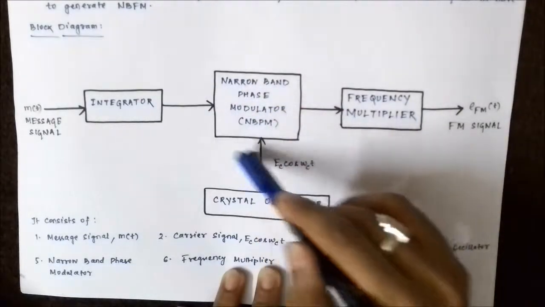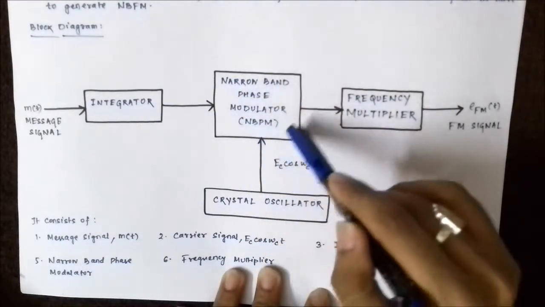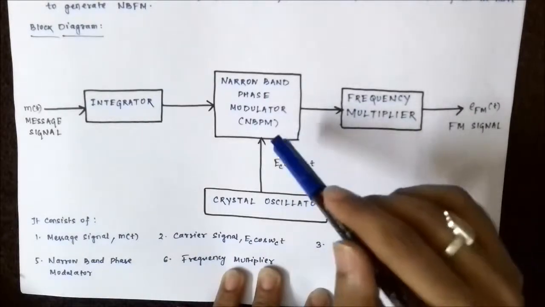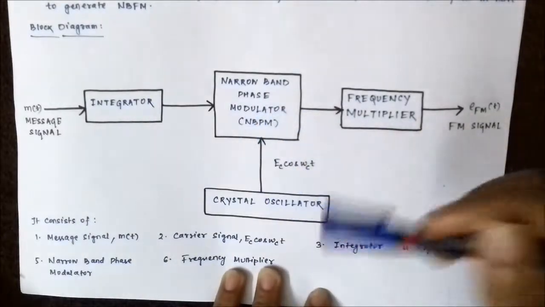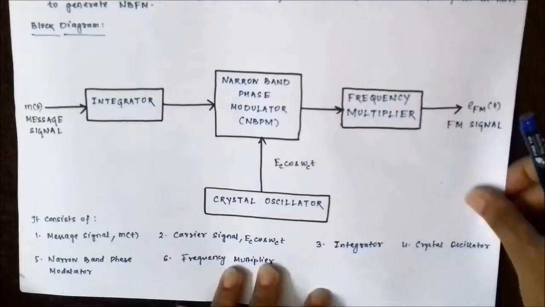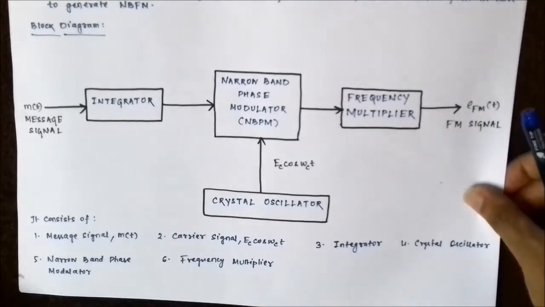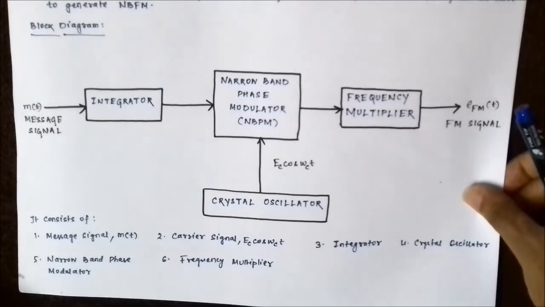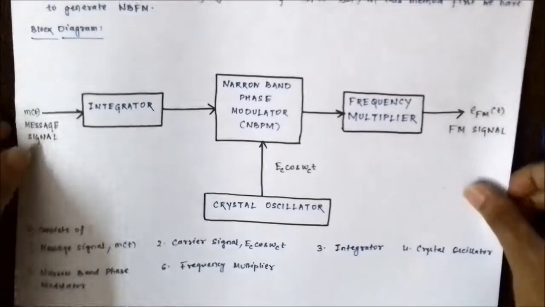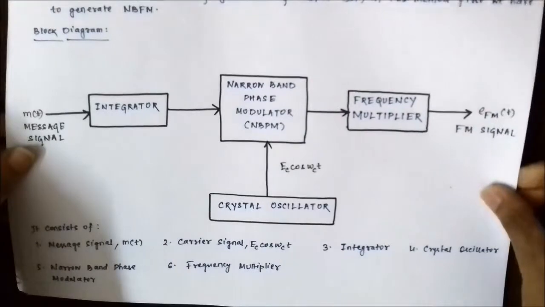So don't be confused about this narrowband phase modulator part. We'll be discussing it in the description part. So please draw this diagram roughly or get a screenshot of it so that you can understand the upcoming steps in a better way.